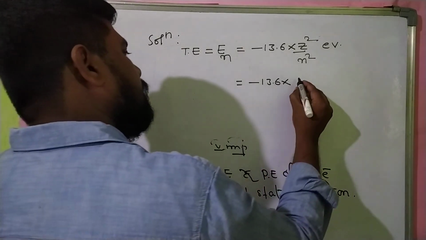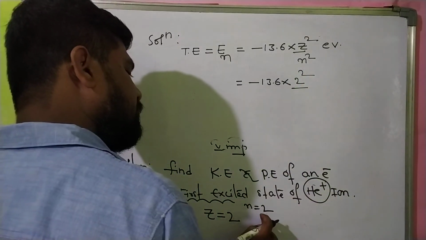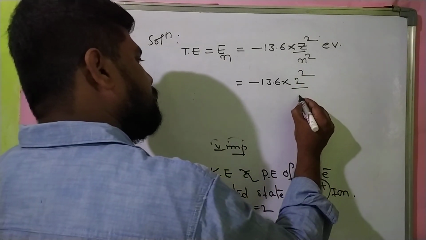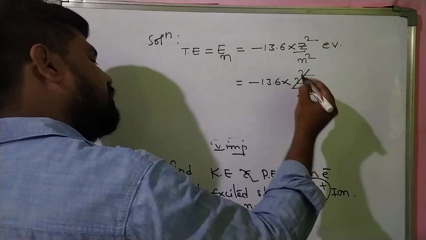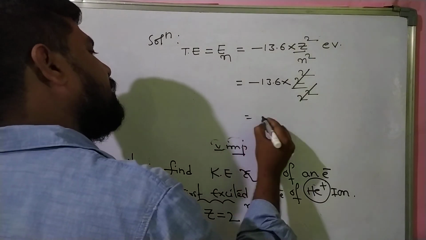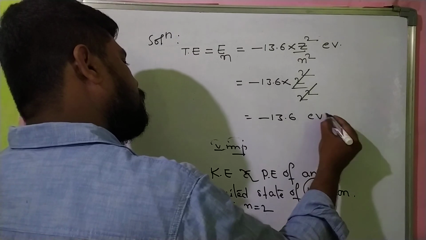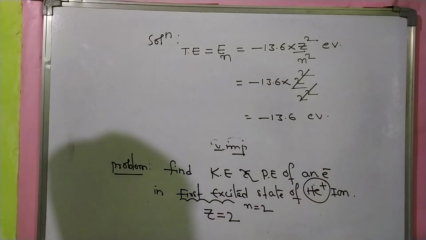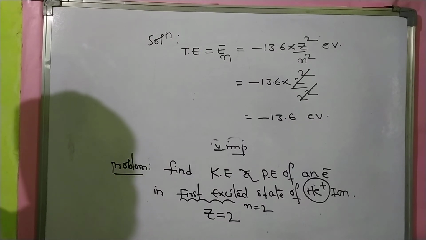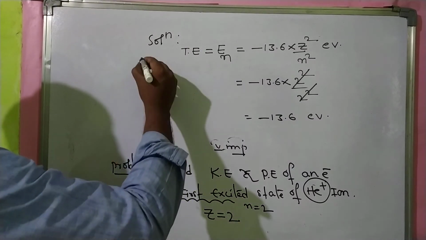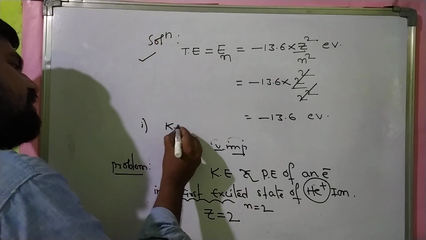Z equal to 2 means 2 square. And what is the N value? N equal to 2, that is also 2 square. Now these two factors cancel each other. Now minus 13.6 electron volt. Okay, total energy completed.